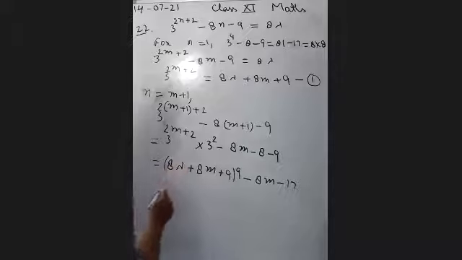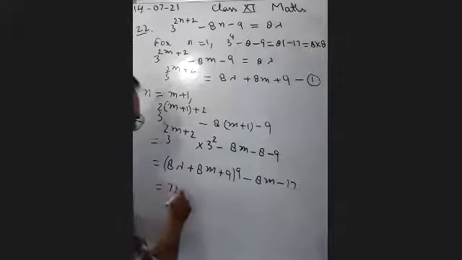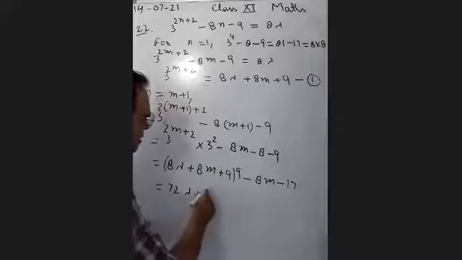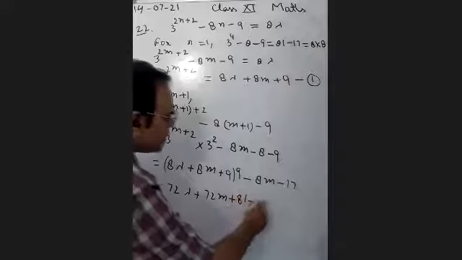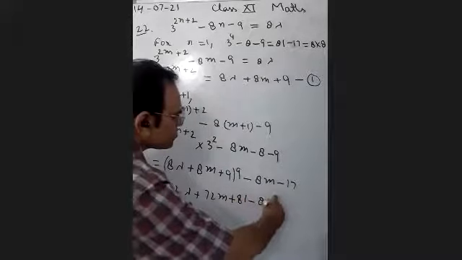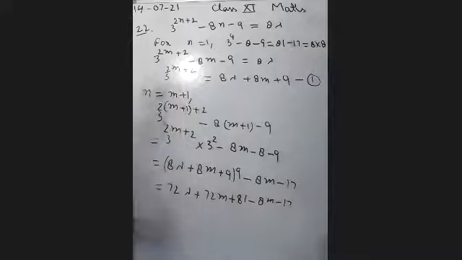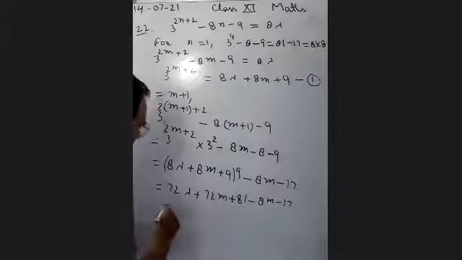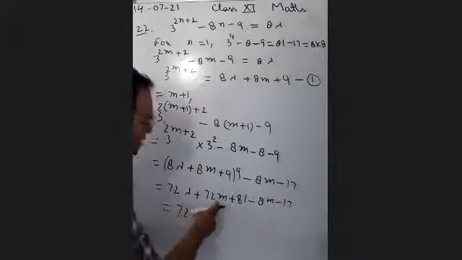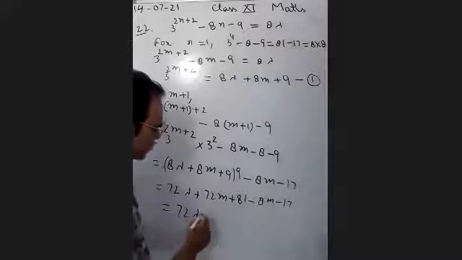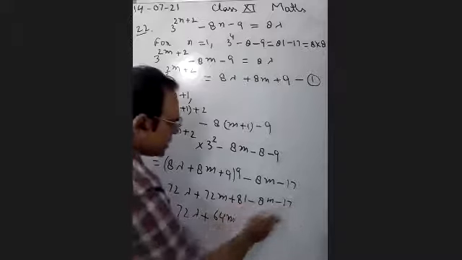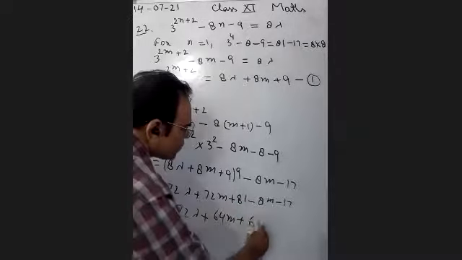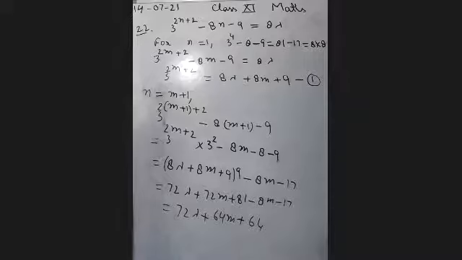If you multiply here, 9 8s are 72 lambda, 9 8s are 72m, 9 9s are 81, minus 8m minus 17. ठीक है। 72 lambda, 72m में से 8m माइनस करते हैं, it will be equal to 64m, 81 minus 17 is 64. ठीक है। This we get.